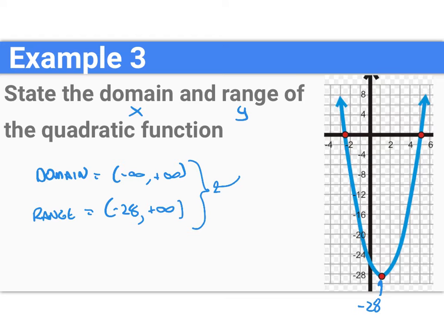And maybe to change that, I will put an arrow. So from -28 to +infinity, and from -infinity to +infinity. These are all the numbers that you can put in to make the points. And that's that.